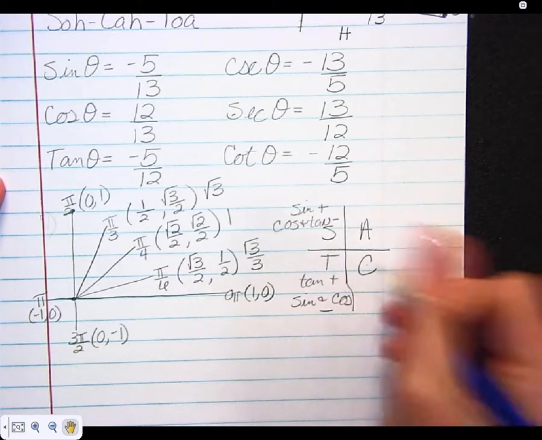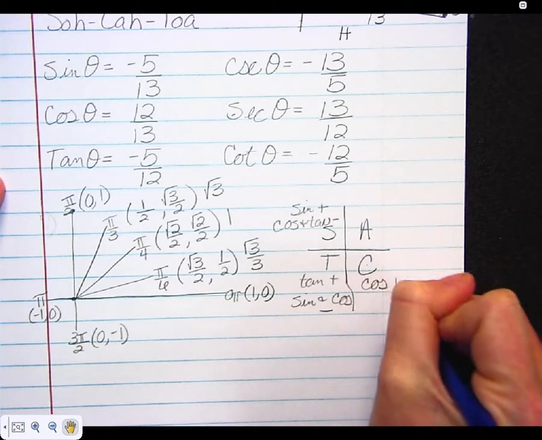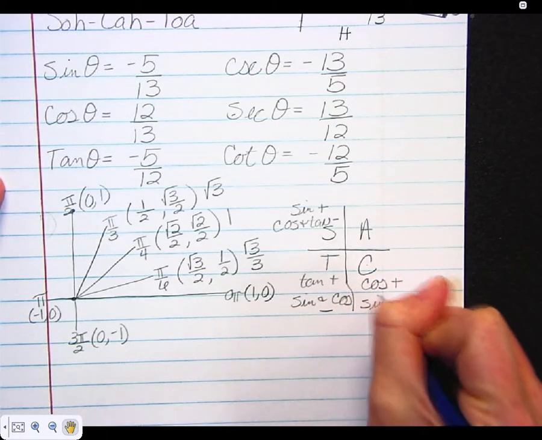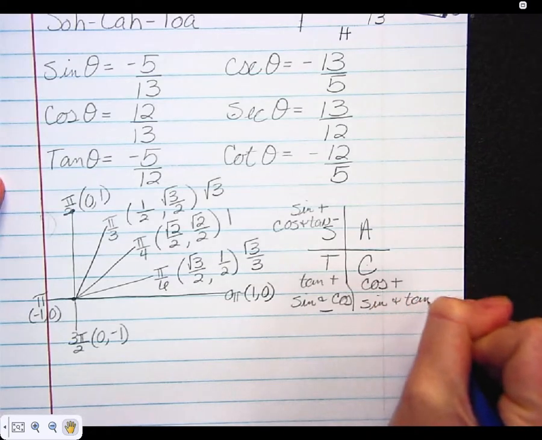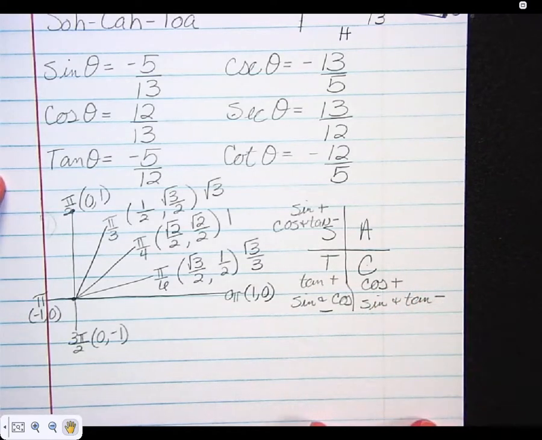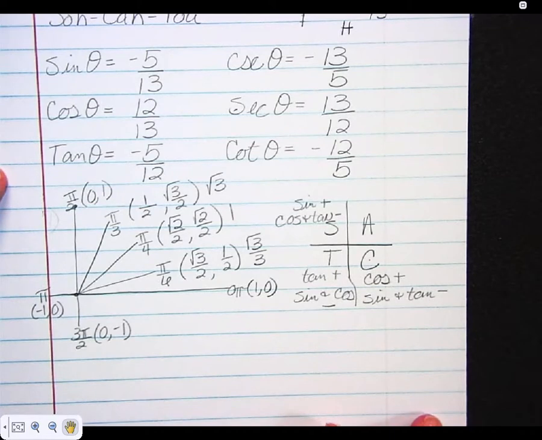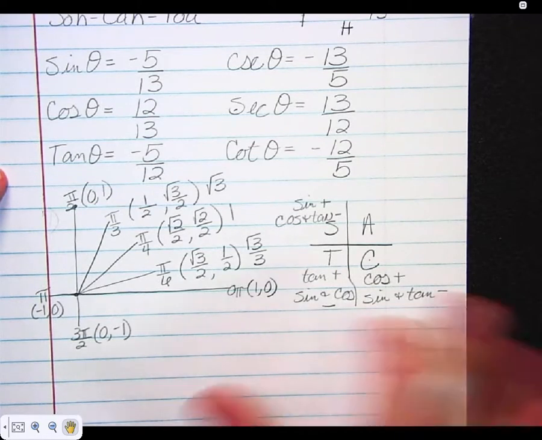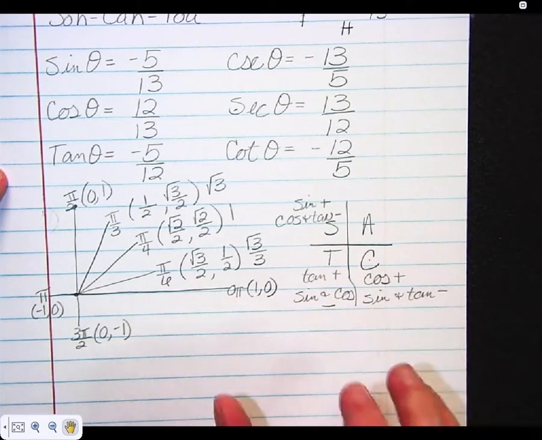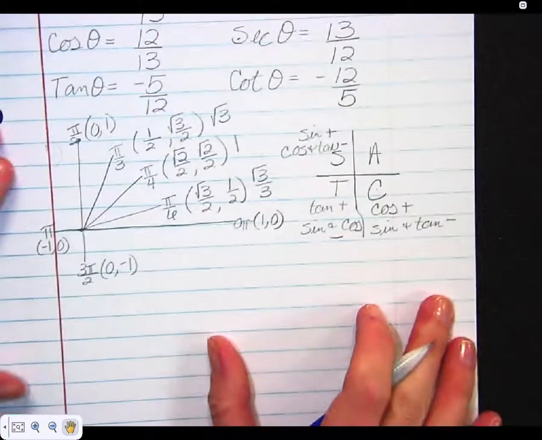Wrap that in with the third quadrant. And then cosine is positive here, which means sine and tangent are negative. And so again, you can take that quadrant 1 and apply it to the other 3 quadrants, using those signs with your all students take calculus.